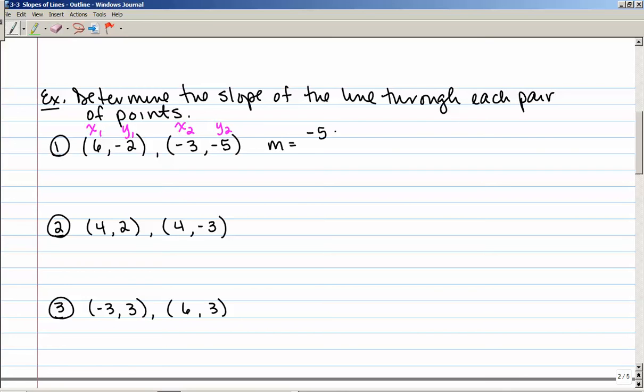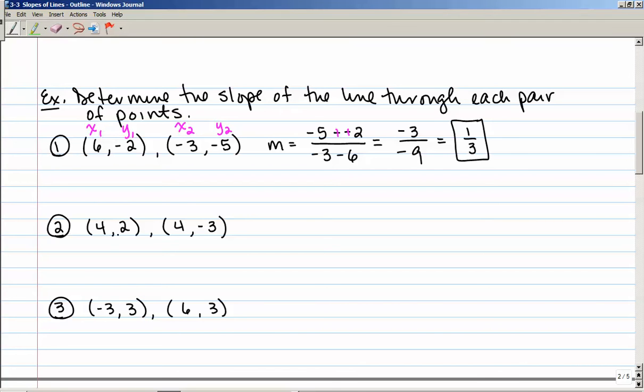So I'm going to do negative 5 minus a negative 2, be careful with that, minus a negative, over negative 3 minus 6. And remember, minus a negative becomes plus a positive. So my slope here is going to be negative 3 over negative 9. Reduce that fraction, so my slope is 1/3. And you'll remember from graphing lines, most of the time we like to leave our slope as a fraction because that helps us when we go to graph.